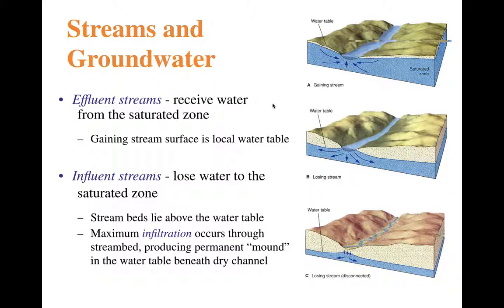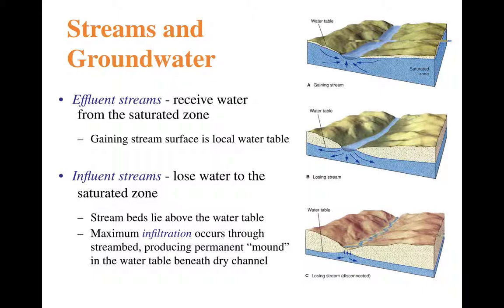An influent stream is when the stream loses water to the saturated zone. So are you receiving water from the saturated zone, or are you losing water to the saturated zone? Stream beds lie above the water table.